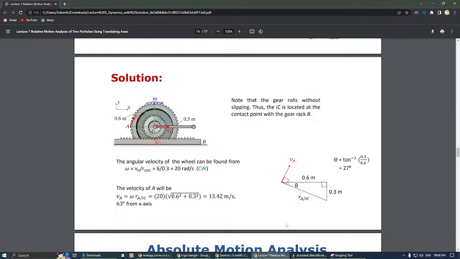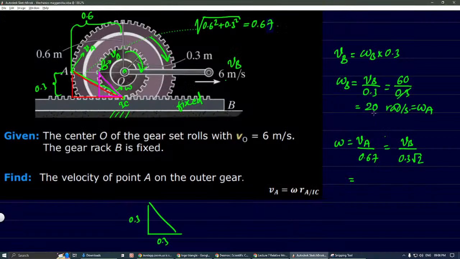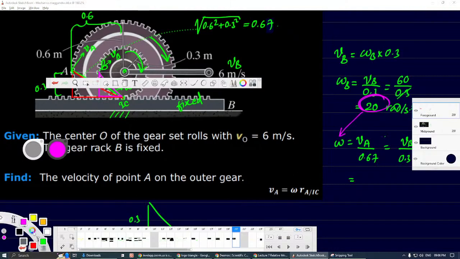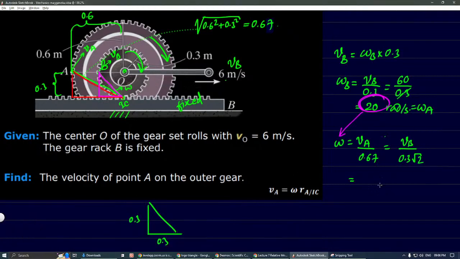Next is using the same omega here. Now if you want to find VA, it will be equal to omega into 0.67. That is 20 into 0.67.